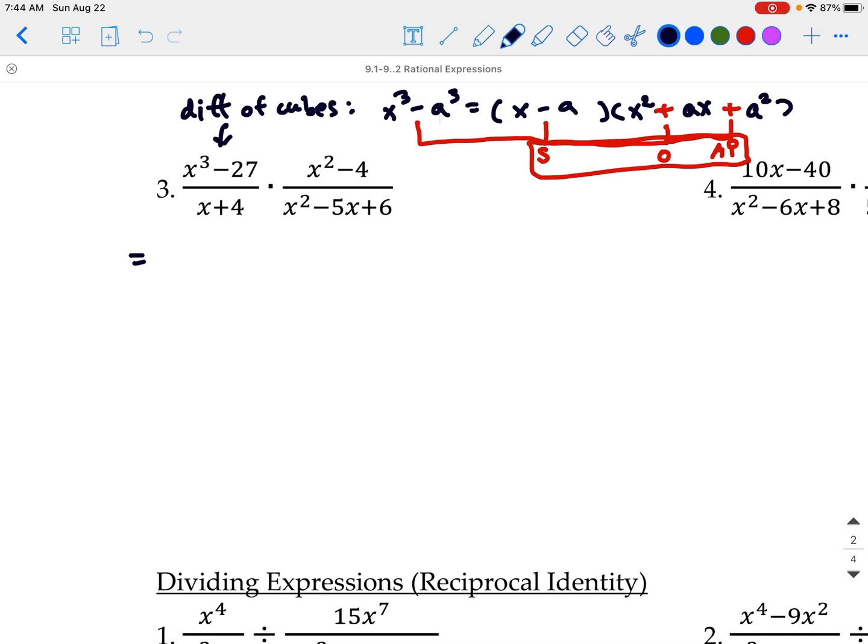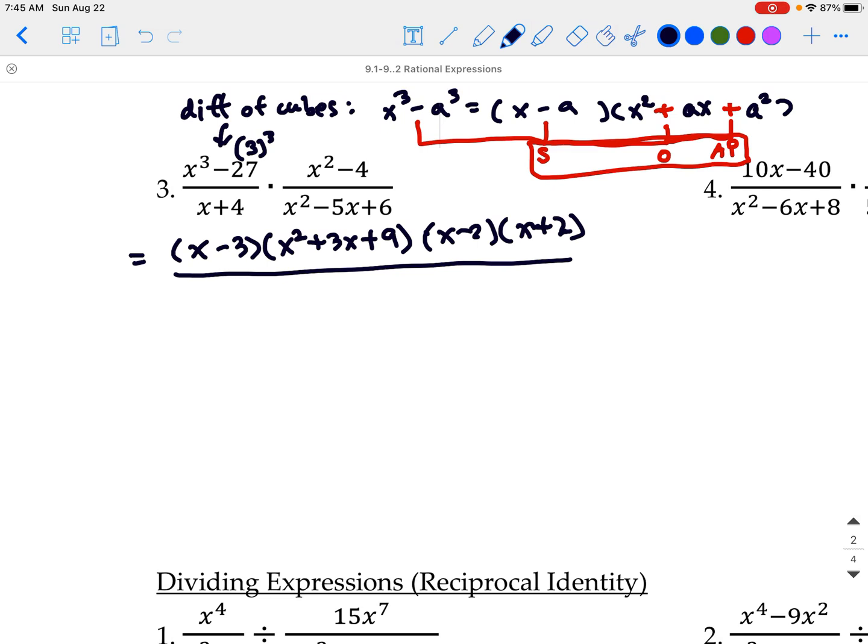So that means here we'll just notice that we have 3 cubed, so 27 is 3 cubed. So then this is going to factor as x minus 3 times x squared plus 3x plus 9. And then we're going to multiply that by x squared minus 4, which is going to factor as x minus 2 times x plus 2.